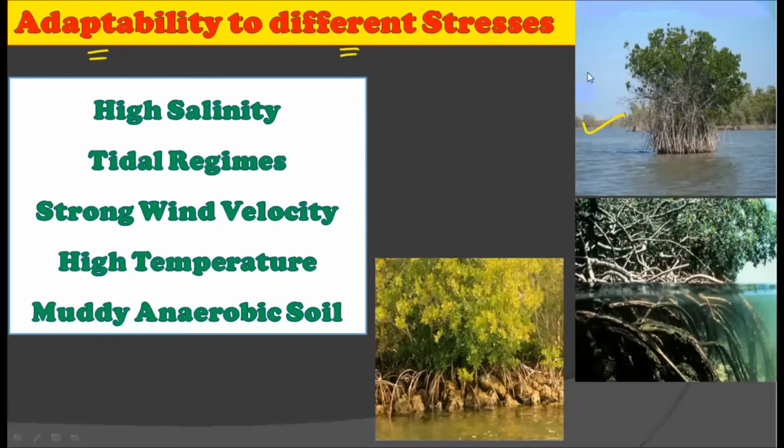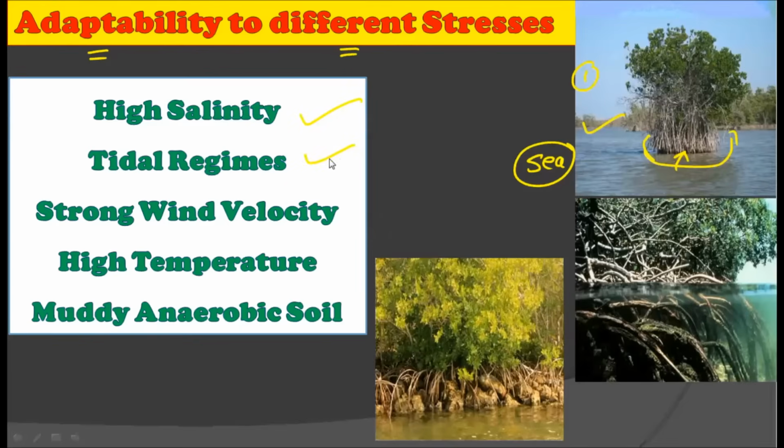Now, for instance, take this tree in picture number one. It is growing where there is water all around. Now, in such a condition, you are always in a high salinity condition. As you know, seawater contains a high level of salt and has very high salinity. So, these trees have to adapt to the very high salinity. Second, the tidal regime.